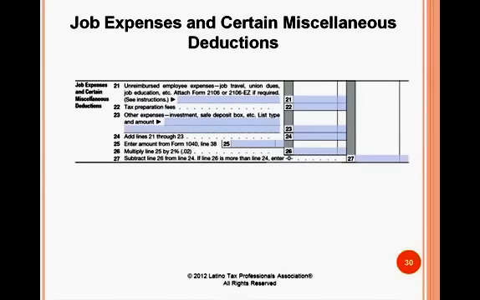The next section is job expenses and certain miscellaneous deductions. Now, these job expenses are not for self-employed people. That is for Schedule C. This is for when you are an employee, but there are certain expenses that are not paid by your employer. You pay them.